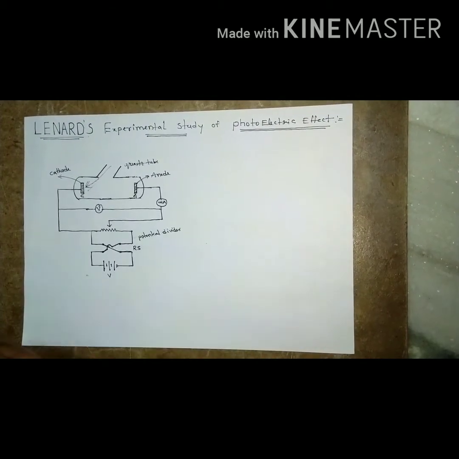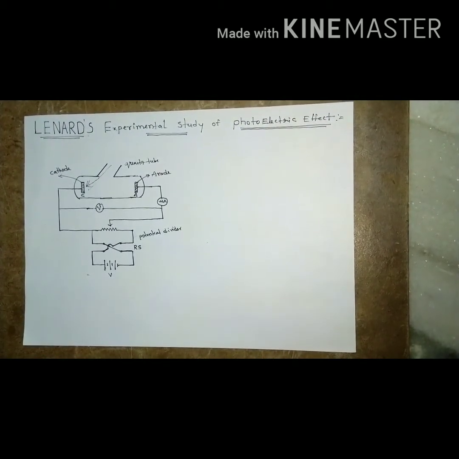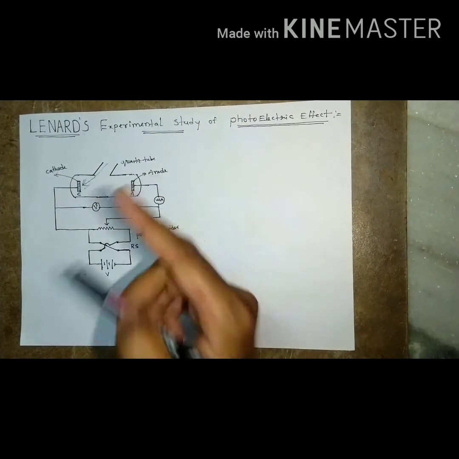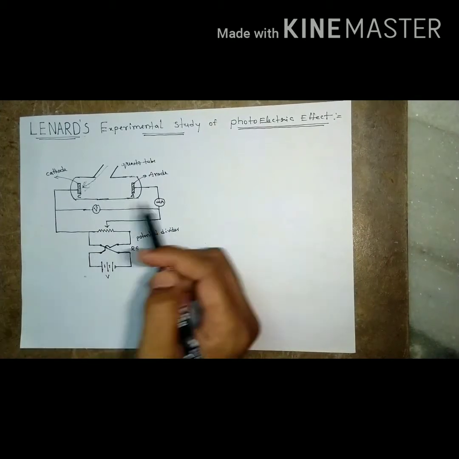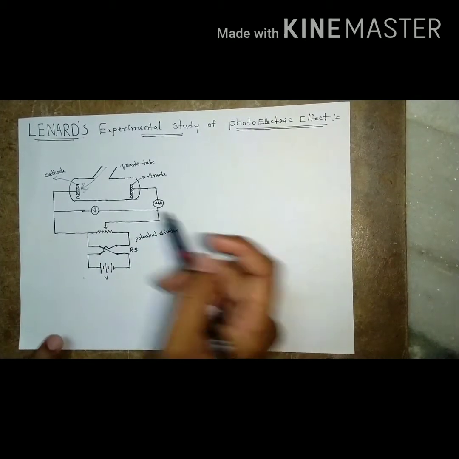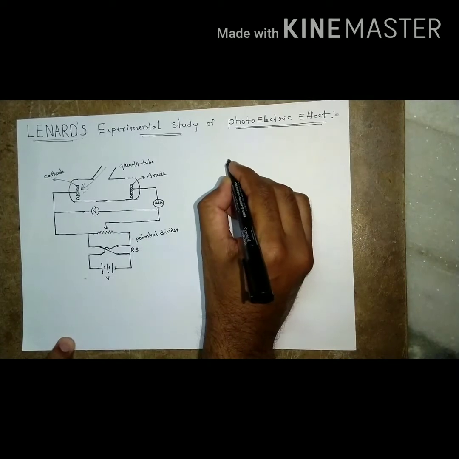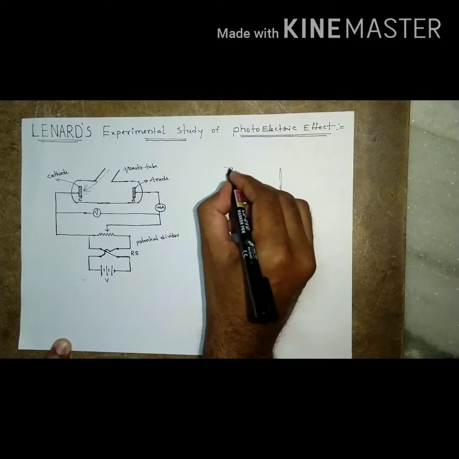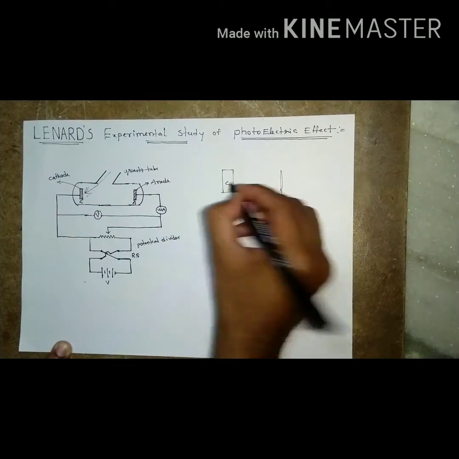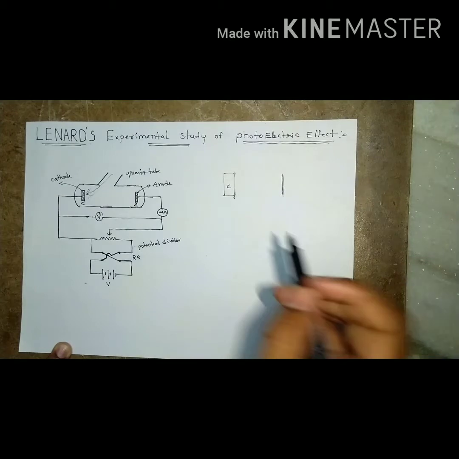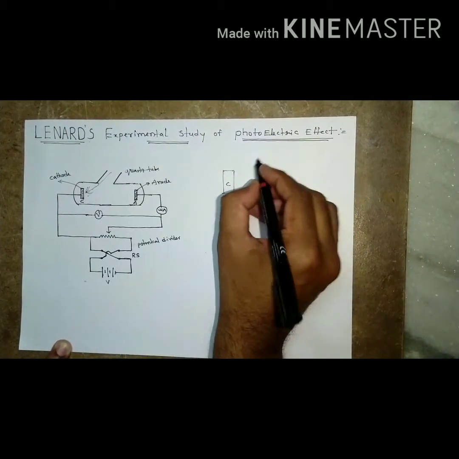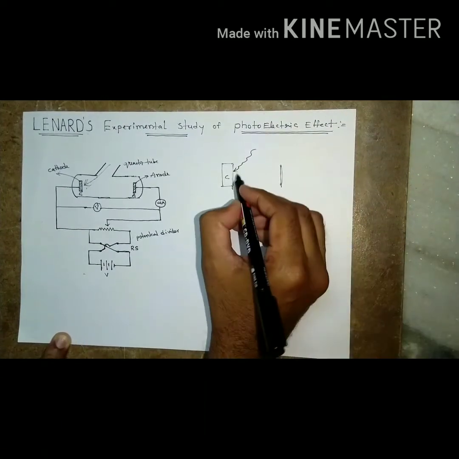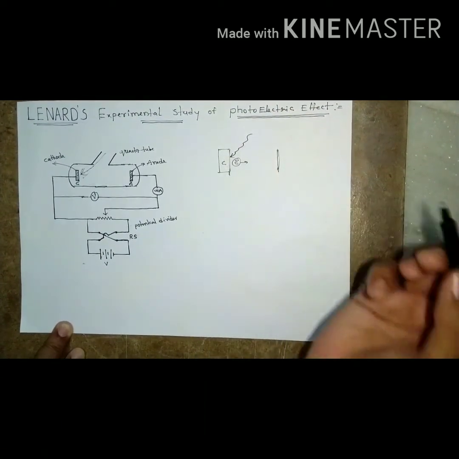First of all, what is work function? This is also an important thing. Work function is the minimum energy required to eject an electron from the metal surface. Let us consider this as the cathode and this as the anode, with the photosensitive substance as the cathode. When suitable light is incident on the cathode plate, electrons are released from the metal surface.